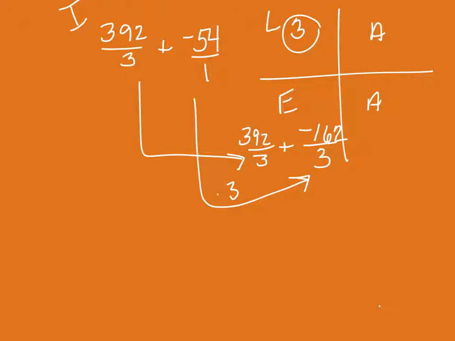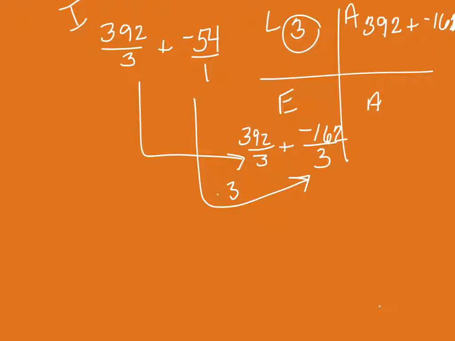I ignore my denominators and only pay attention to the numerators while I do my regular addition or subtraction. So I'm going to have 392 plus negative 162. The signs are different.